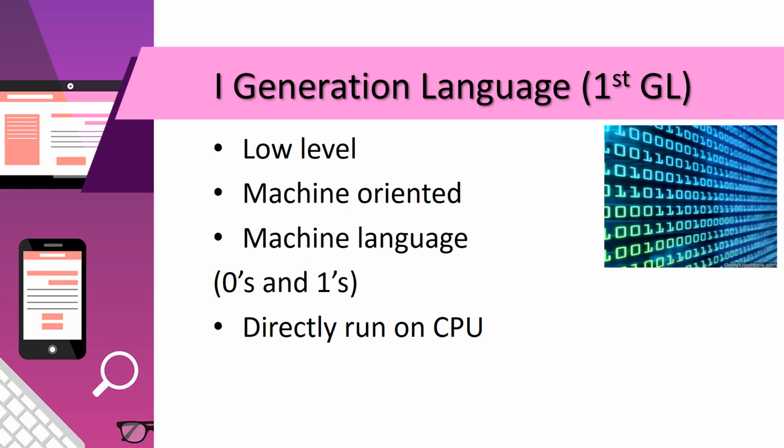The first generation programming language is also called low-level programming language. In machine language, a programmer only deals with binary numbers, that is zeros and ones, and it is directly run by the CPU. That's why it is executed very fast and efficiently.